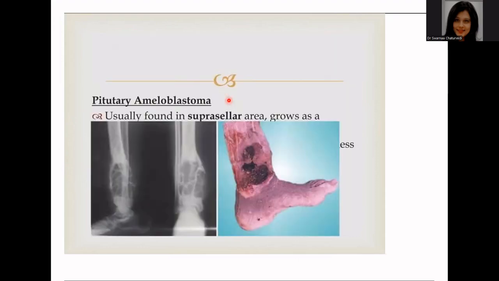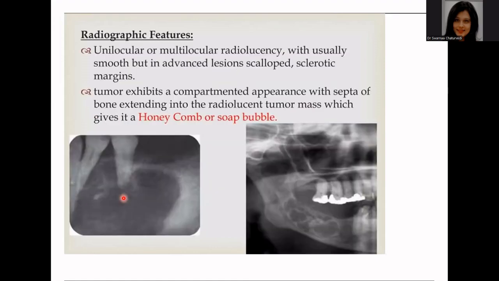The third variant is pituitary ameloblastoma, usually found in the suprasellar area, and it grows in a radial growth pattern. Looking at the radiographic features, it could be unilocular or multilocular, usually smooth, but scalloping is seen in advanced lesions. Sclerotic margins can be seen.